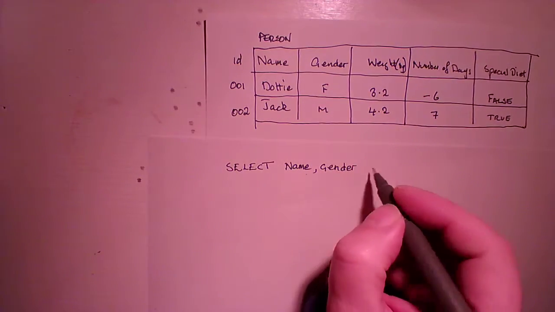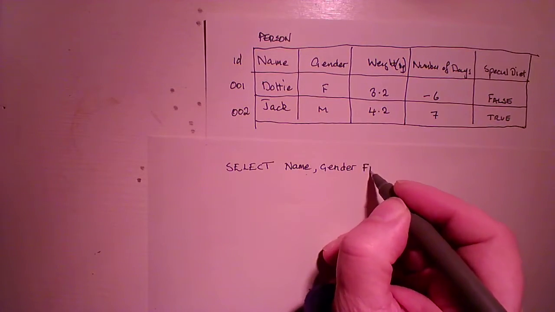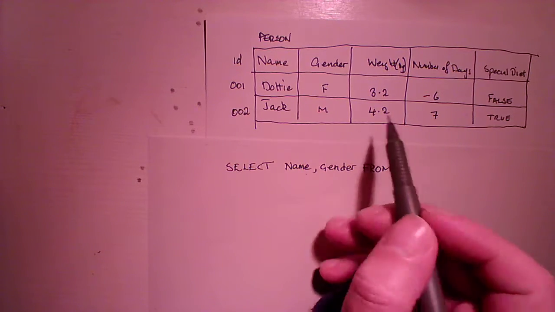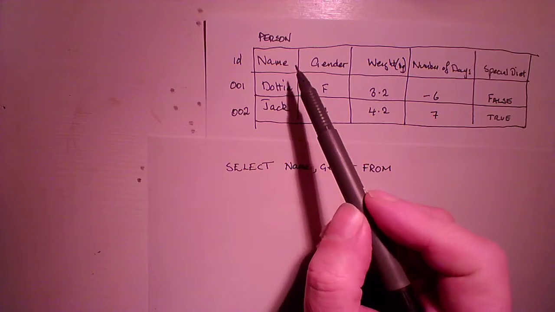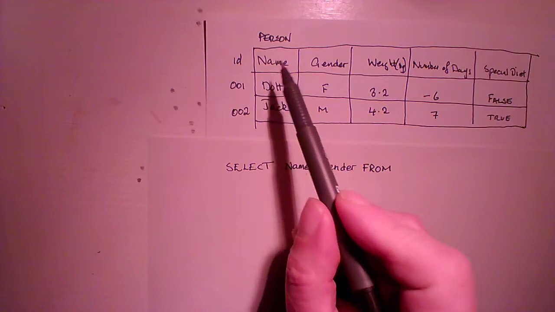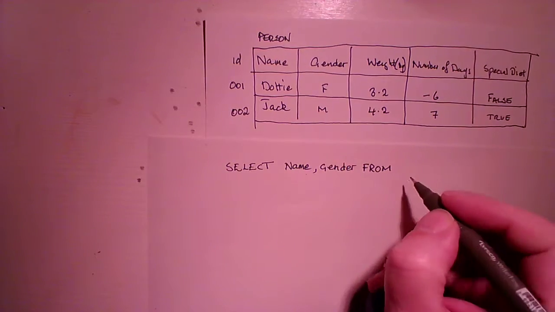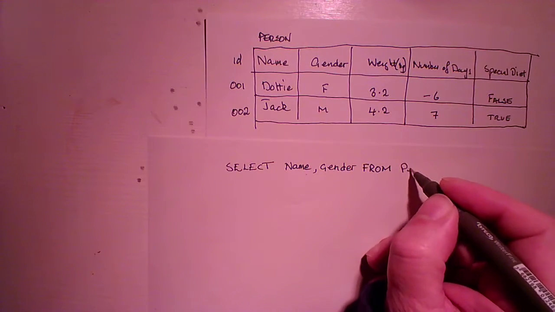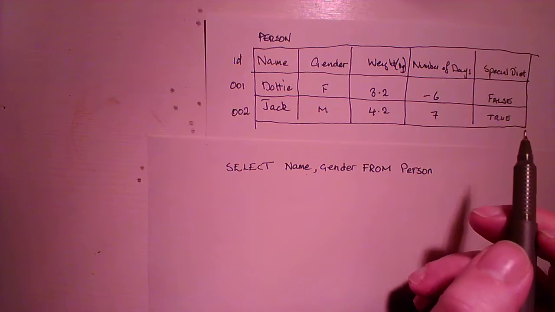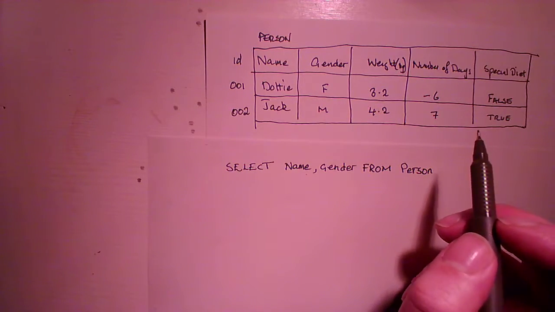Now the next part always is the word from, and that is saying from which table. Now I've only got one table here, but we've seen several other tables in previous videos. So I'm going to say from person, and that is the start of my query.